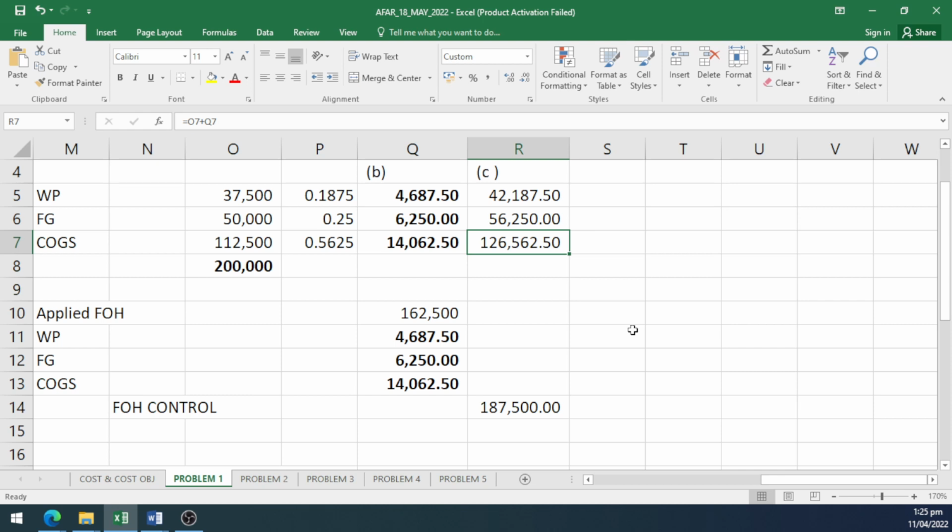Alam niyo yung nangyayari kapag allocation method, ibinabalik natin sa actual. Kasi syempre, pinag-compare mo ang actual at applied. Anyway, yung applied yun ang nasa work in process. Karaka-raka, nung dinispose mo yung over or under-applied, inallocate mo pabalik sa kanila. O di naging actual uli.